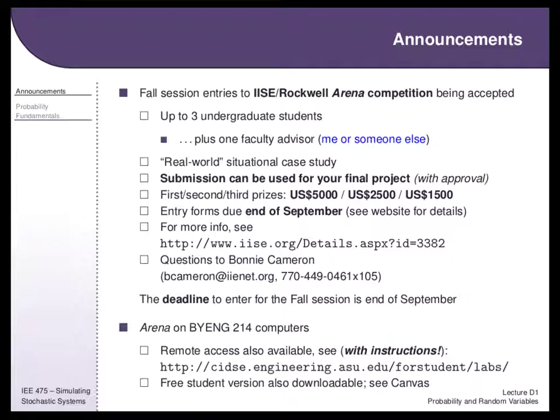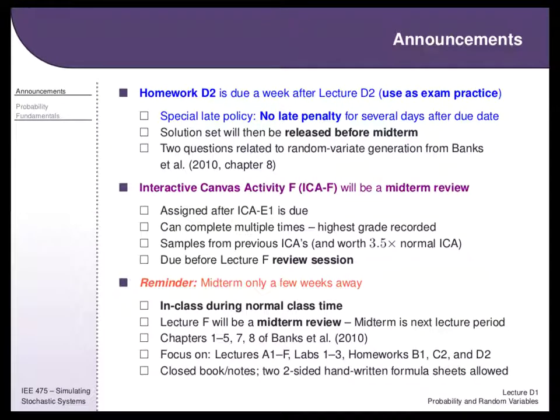For the note sheets that we are allowed to bring with us for the exam, is it just formulas, or can we write anything we want in them? You can write anything you want on these crib sheets, just as long as it's not photocopied out of a book. I say that I want them handwritten. I've actually made exceptions in the past where it could be typed, but when you turn in your exam and we look at it, it's got to be clear that you constructed it as opposed to just copying out of a book or a solution set.